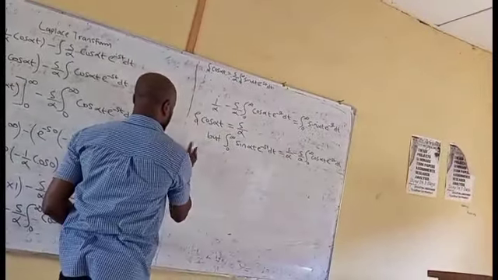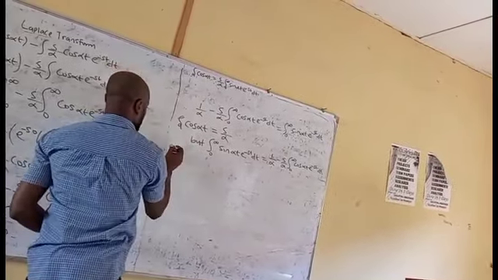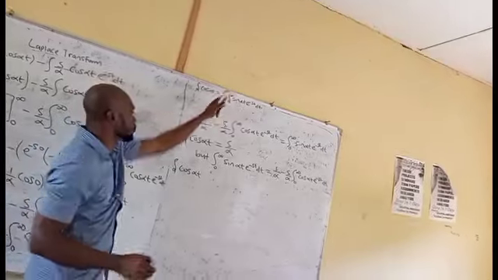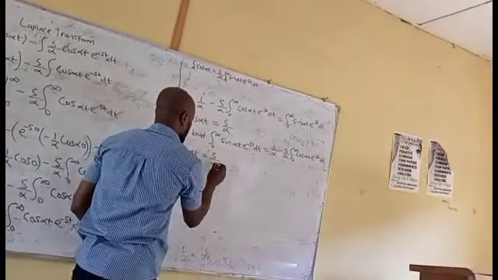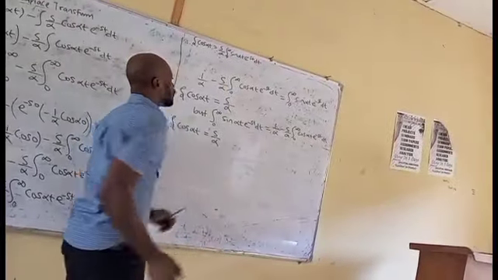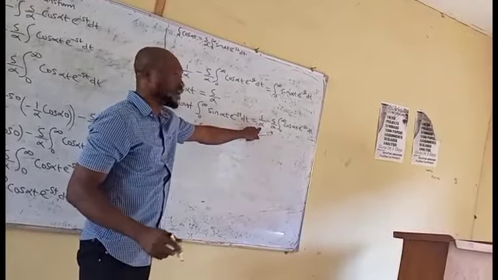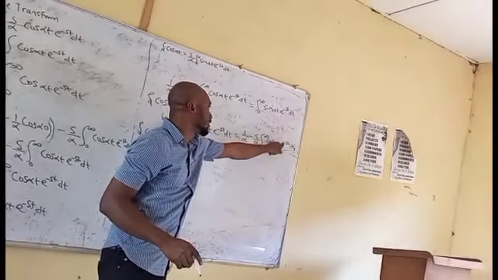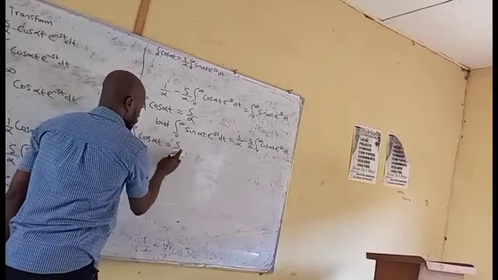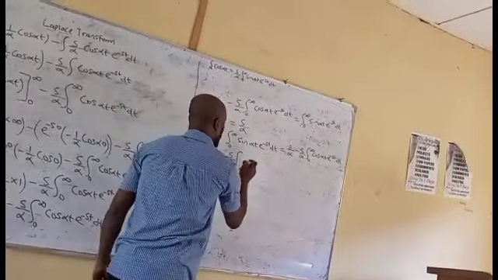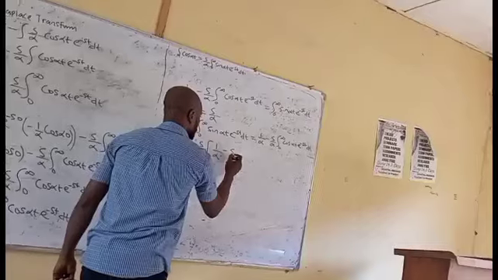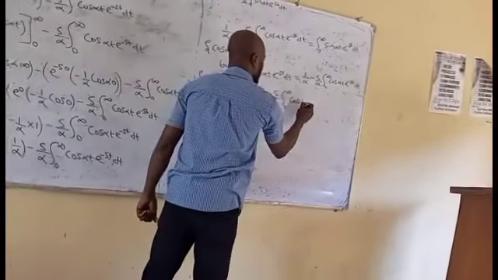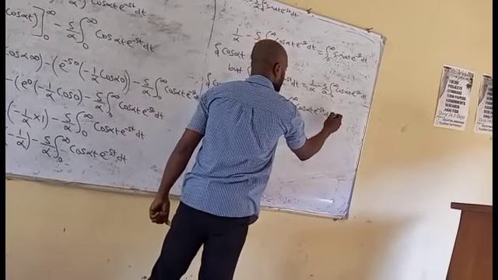So the Laplace transform of cos alpha t is equal to x over alpha multiplied by 1 over alpha minus x over alpha times the integral from 0 to infinity of cos alpha t exponential minus st dt.